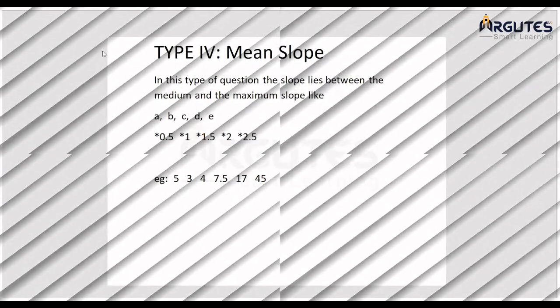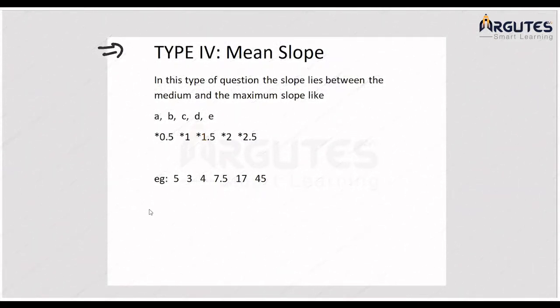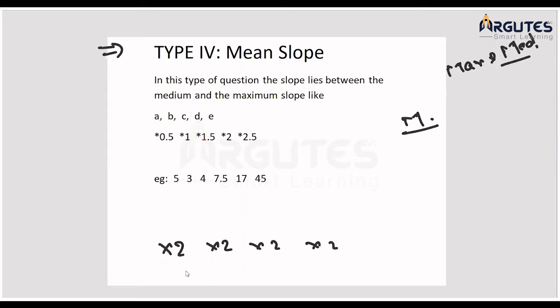Now let's proceed to another type. This type is known as the mean slope. Now what do we mean by mean slope? This mean slope is actually the mean of maximum and medium slope. In medium slope we were witnessing that every successive number was 2 times, 2 times, 2 times, or 3 times, 3 times, 3 times. And in the maximum slope every successive number was 1 times, 2 times, 3 times, 4 times, 5 times like this, or 2 times, 4 times, 6 times.